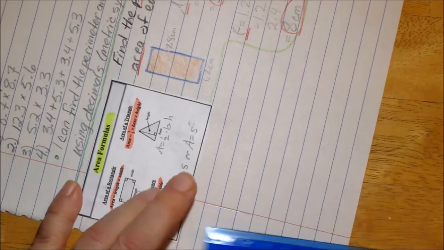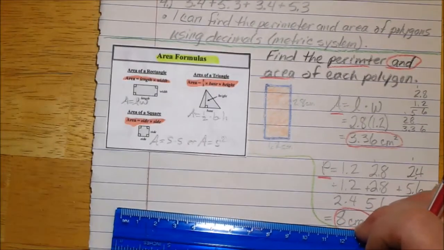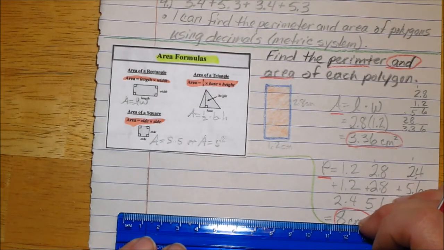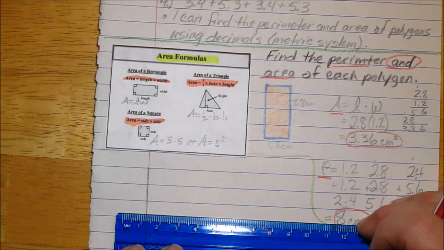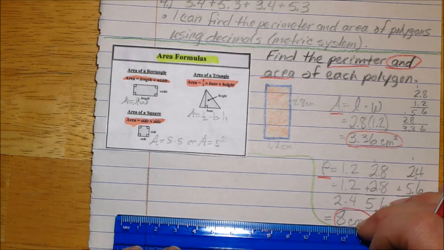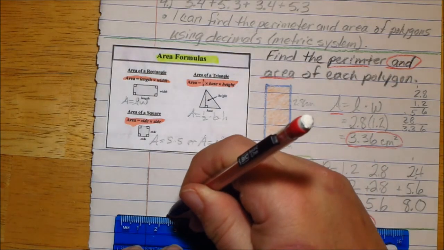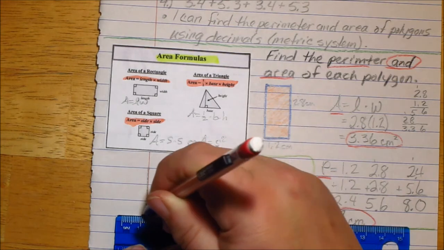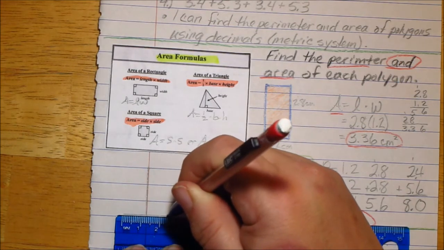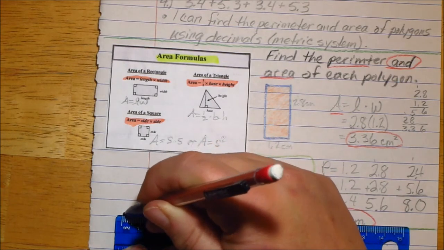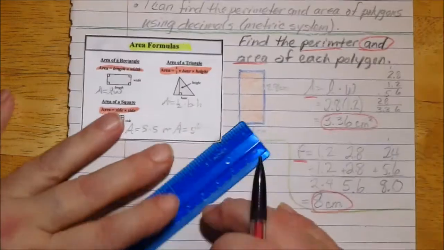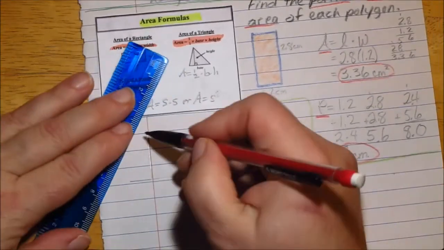There we go, that's what I want. And then the base was 2 3/10. I'm going to try and get it centered here. 2 3/10. There we go. That should be about right. All right. So now my sides, I'm going to connect them all up.